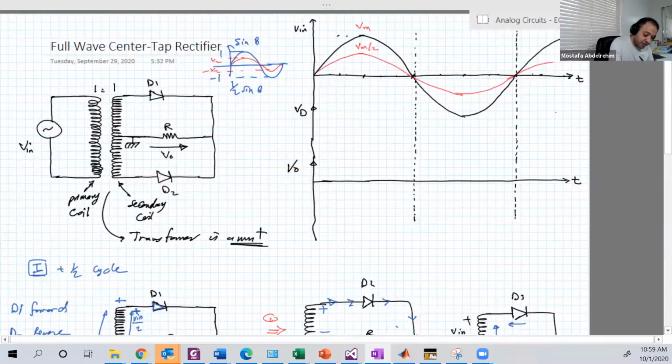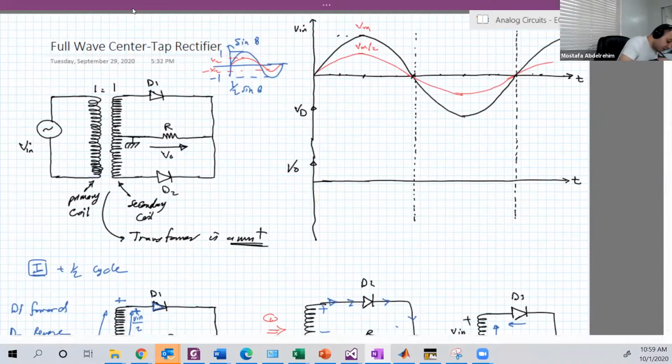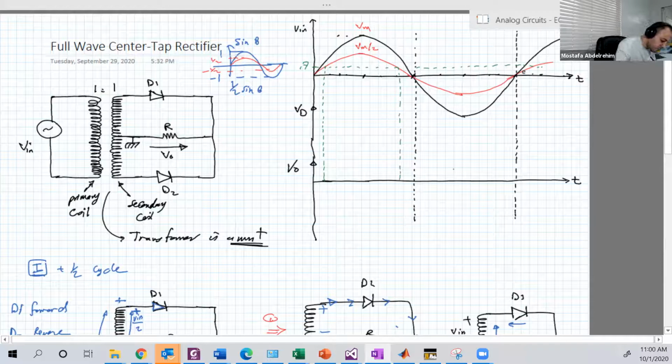And we are saying if V input over 2 is larger than 0.7, then the diode will be on, and otherwise off. So we need this point here. So let's assume this is 0.7. When V input over 2 is less than 0.7, which is in these two small regions, the output is 0.